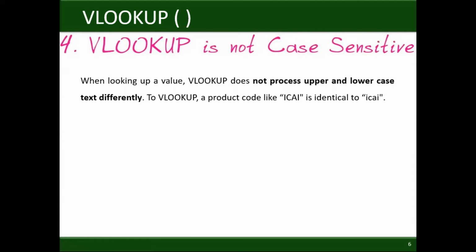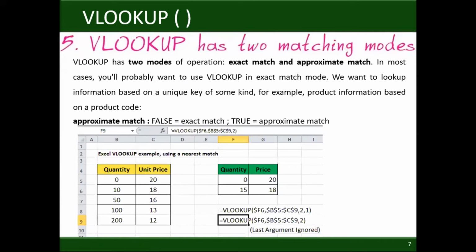Just like when we give passwords to mail IDs, we must remember which case we used, uppercase or lowercase. That is called case sensitive. But in VLOOKUP, if the lookup value is in small letters and in the table it is in capital letters, there is no problem. In any case, it will be matched. There is no case sensitivity; upper or lower, both are equal here.